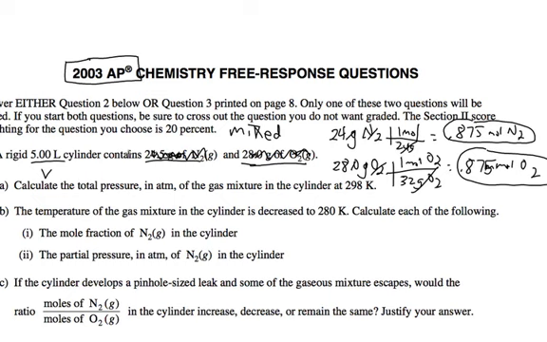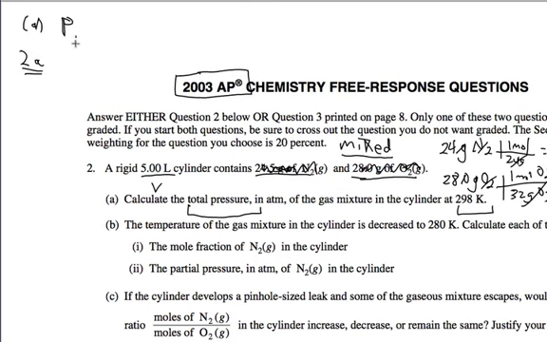So let's do A. Calculate the total pressure in atmospheres of the gas at 298 Kelvin. The first thing I want you to realize is they're asking for pressure. They don't give moles, but it is a mixed gas problem, so this is going to be 2A on the flow chart. 2A says P total equals the sum of the two gases, in this case nitrogen and oxygen, so it's P nitrogen plus P oxygen.